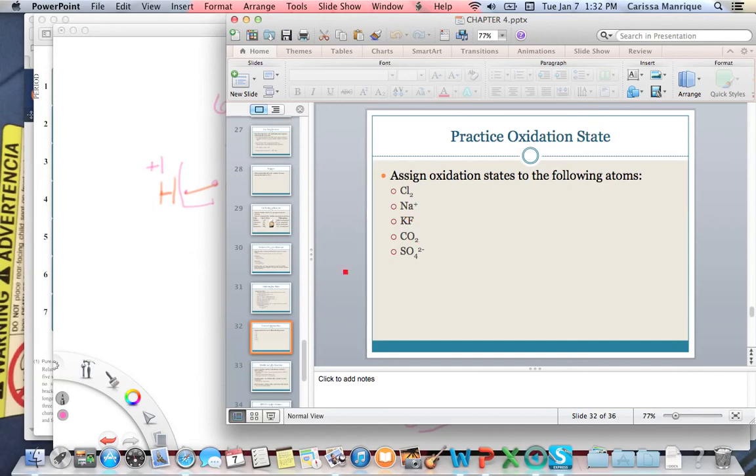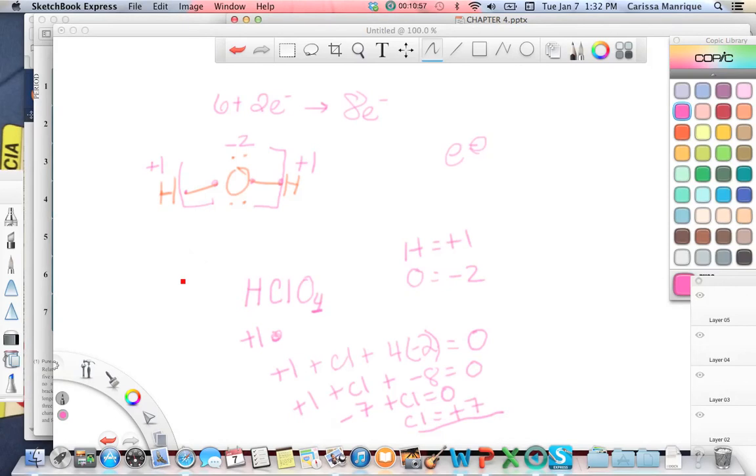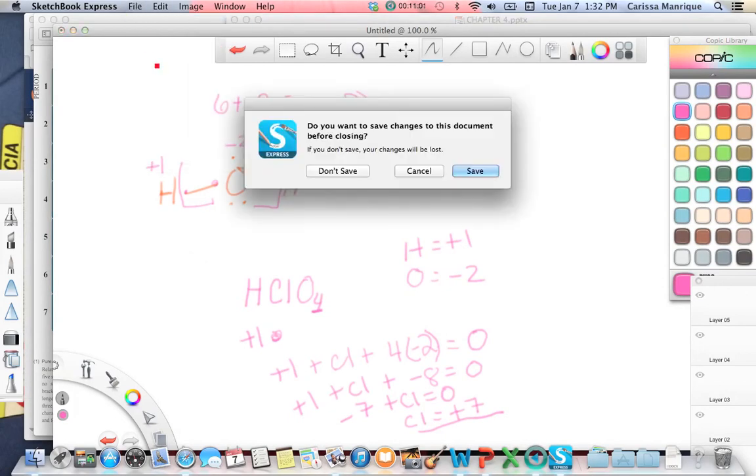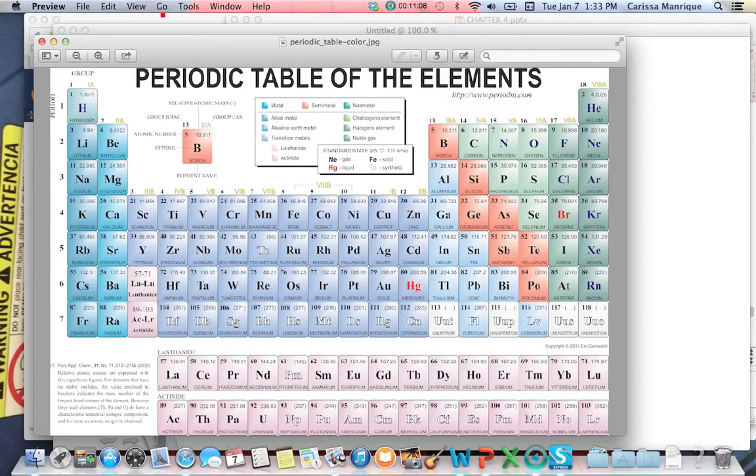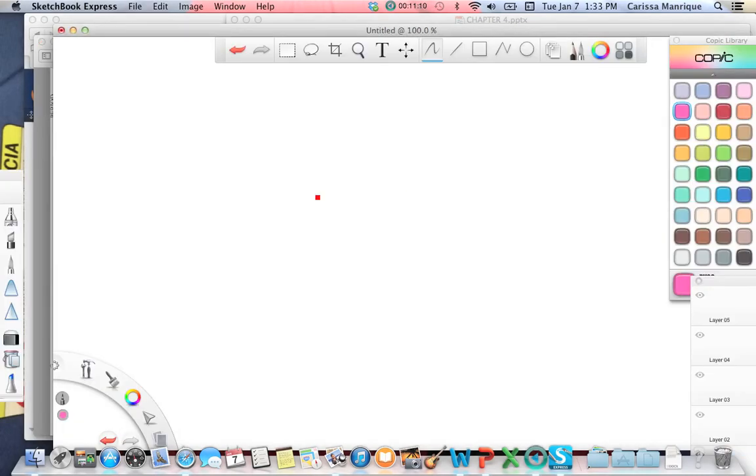Let's look at CO2. Now this one's a little bit harder. We're trying to figure out the oxidation state for every single atom here. We know oxygen equals -2 from the chart I gave you. But I didn't give you anything for carbon, so we need to figure out carbon. Overall it's neutral because there's no charge there.